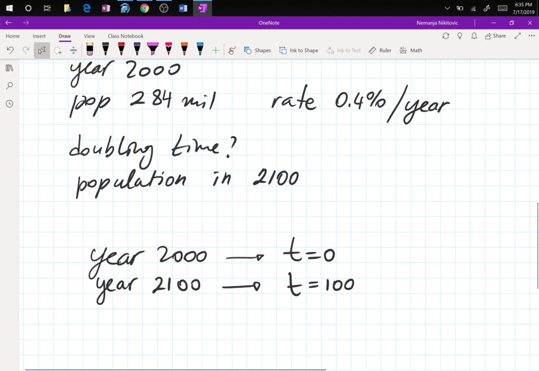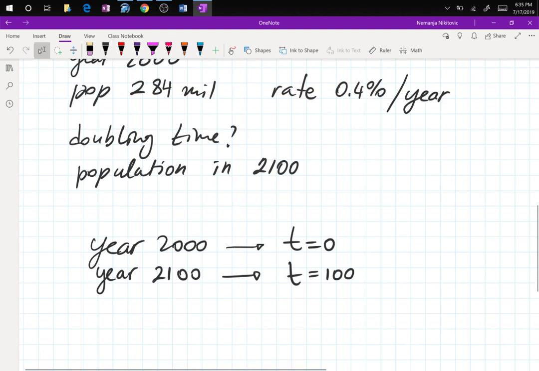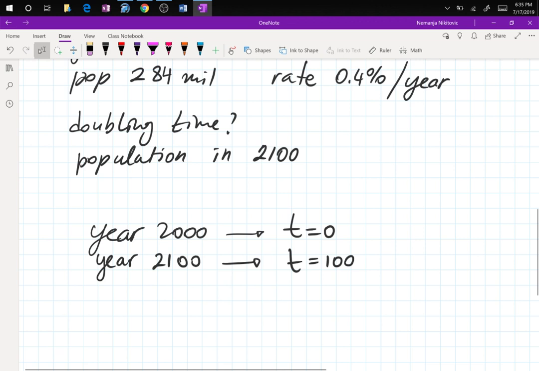So that's the first thing that I'm going to set, so I have that as a reference point. Then, if population in year 2000 is 284 million, that's my P0, initial population.